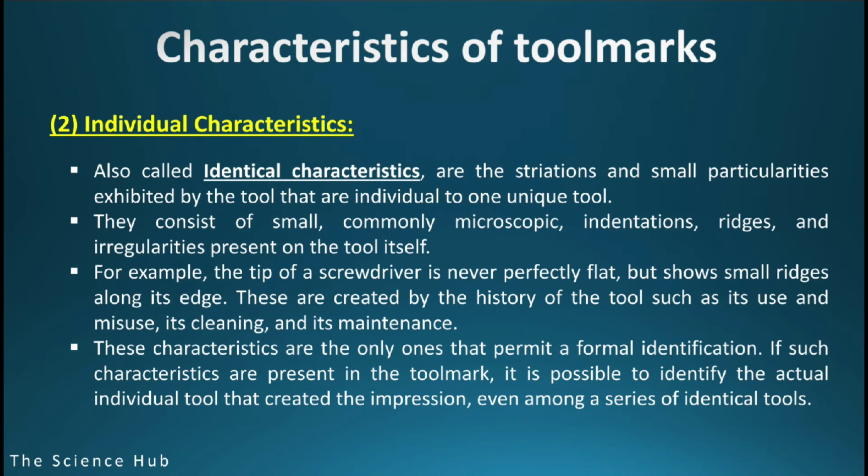These are present due to its excessive prior use. For example, the tip of a screwdriver is never perfectly flat but shows small ridges along its edge. These are created by the history of the tool, such as its use and misuse, its cleaning and its maintenance.